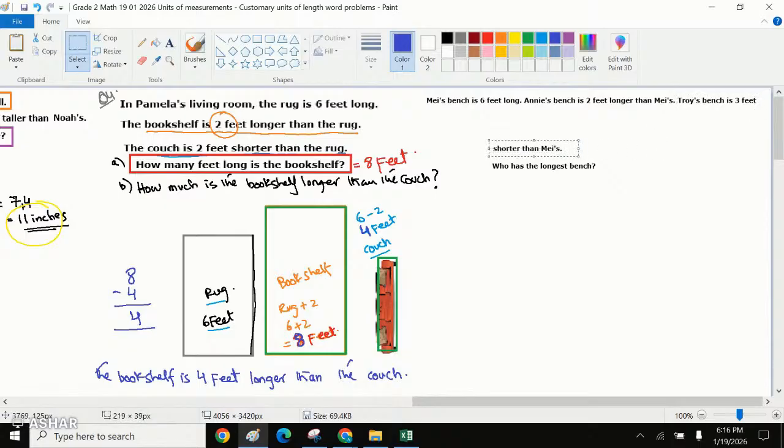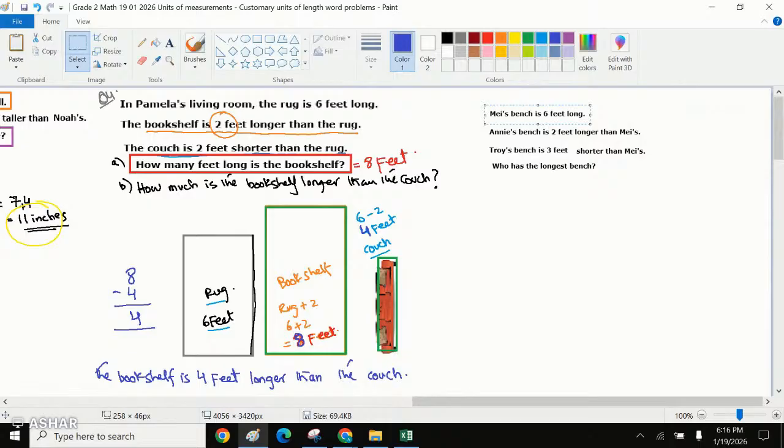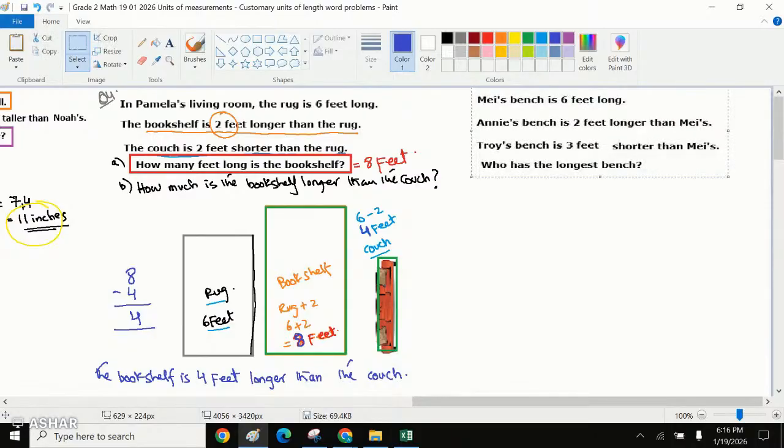Let me just align this so that we can read the statements clearly, okay? Okay, this is a statement. Annie's bench and May's bench, okay? So if the question is telling us this given information, that would be question number 5, okay?